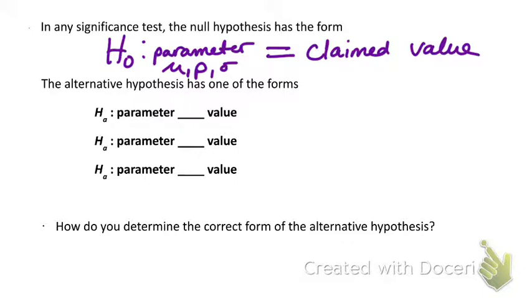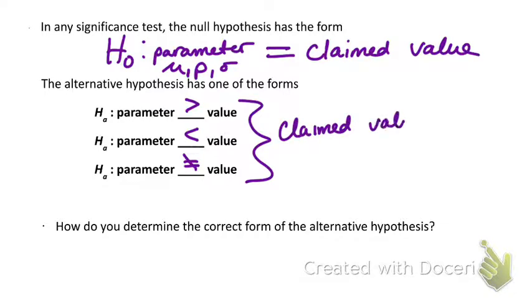The alternative hypothesis is going to have one of these three different forms. Either you think the parameter is greater than the claimed value, less than the claimed value, or not equal to the claimed value. The value that you're using here is the claimed value from the null hypothesis.